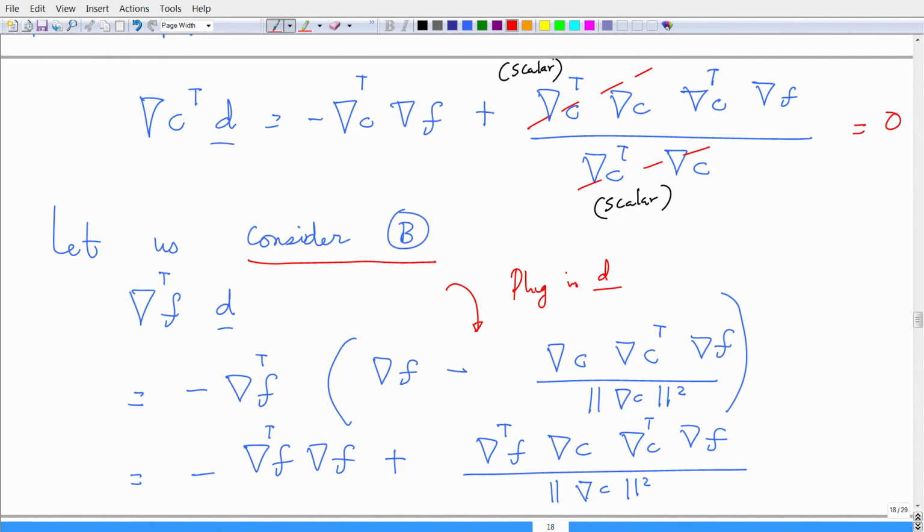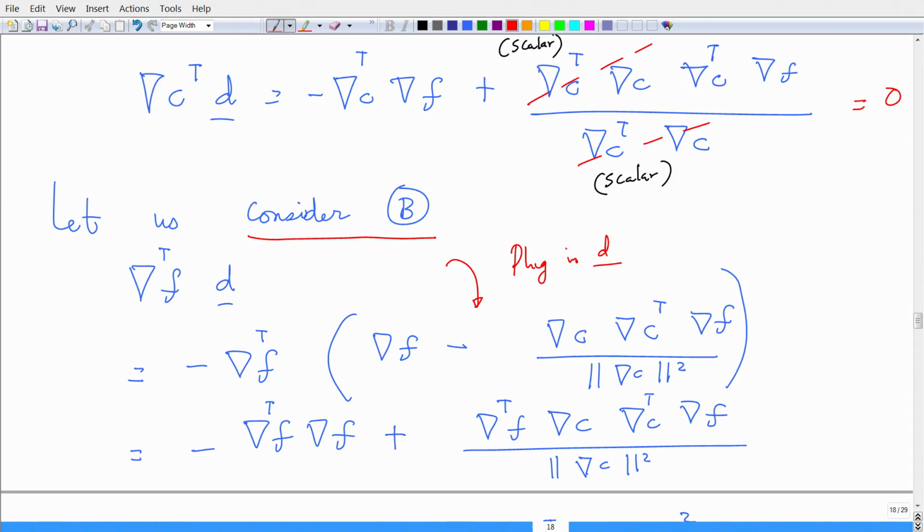I do the simplification, and I get negative del F transposed del F plus del F transposed del C times del C transposed del F upon norm del C square.